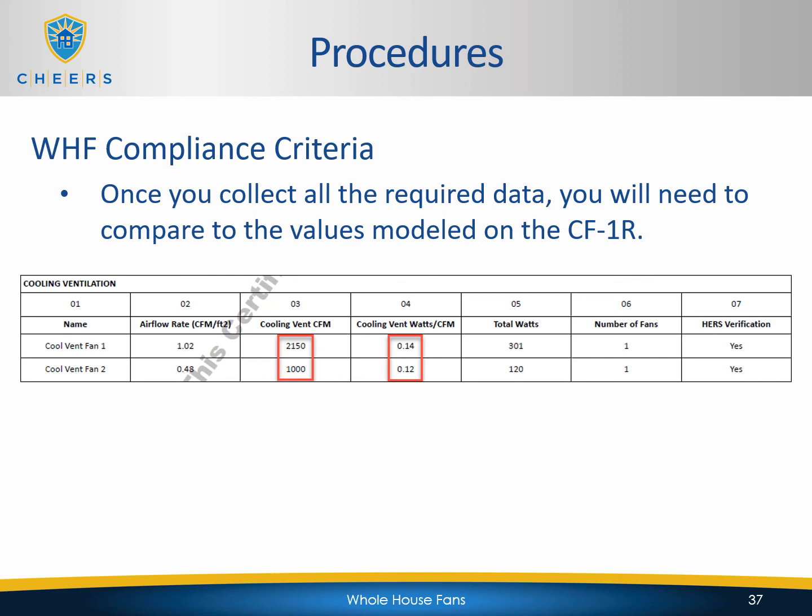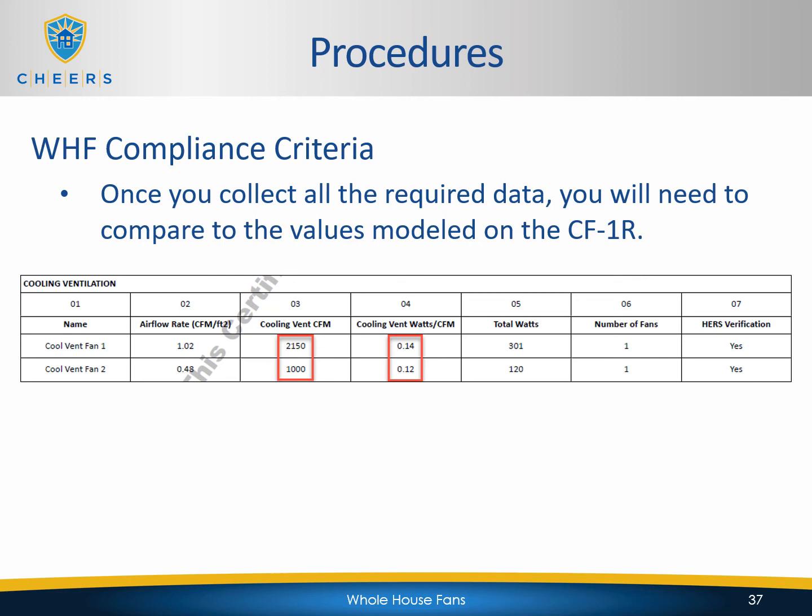And then you'll see that there is a number of fans in column 6. For column number 6, if there's just one fan, then that means they can only install one fan. If there's 3 fans there, then they need to have 3 fans installed. There's a couple of different ways they're going to go about modeling this, but you're going to use the number of fans that were modeled for rows cooling vent fan 1, cooling vent fan 2, and the number of fans of each fan type to determine whether or not the correct type and number were installed, and compare those values or group those values together for comparison to the CF1R to see if you're going to get a pass or a fail.